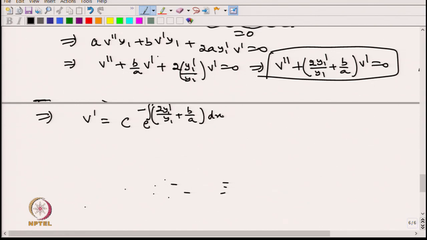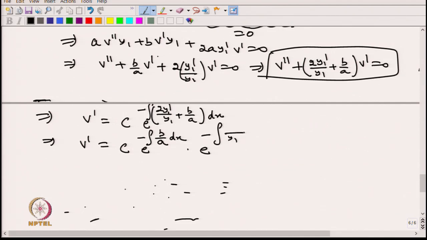I take the integral on the right hand side and then separate the variables to find the solution. So, from here my v dash will be c e raised to power minus integral b over a dx into e raised to power minus integral 2 y1 dash over y1 dx. Separating this, I can solve further.